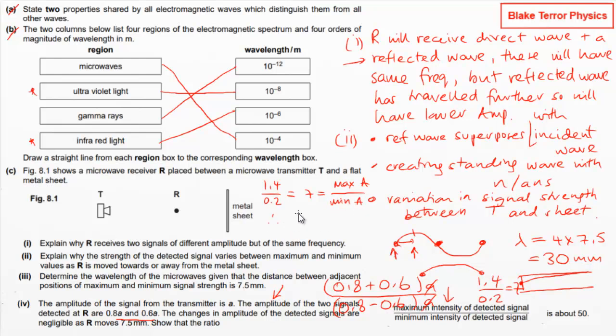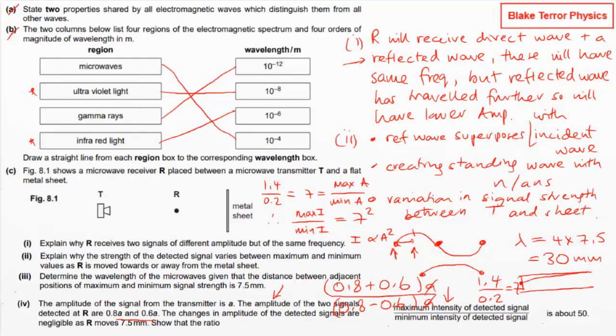Then you can say, therefore, max intensity over min intensity is equal to 7 squared, because the intensity is proportional to the amplitude squared. That's giving us about 50, where we're getting our 49. So work it all out once for the amplitude and then just square it up, and then you've got the thing there for intensity.